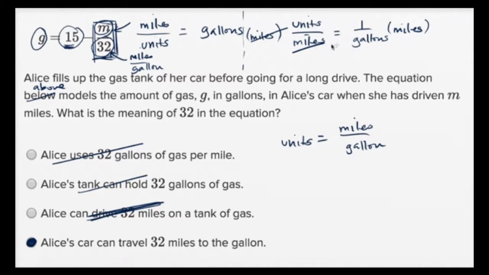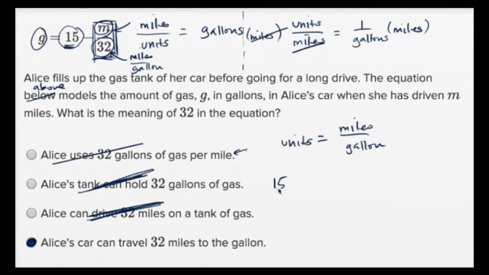And if the unit business that I just did is confusing, one other way to think about it is that you could have ruled out something like this one, because you would have seen that the units didn't work out.